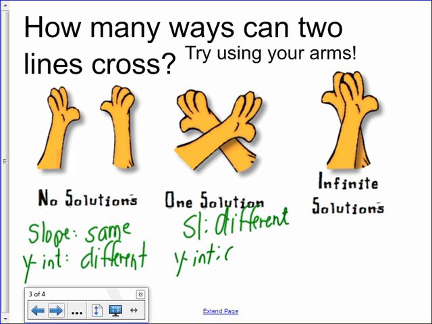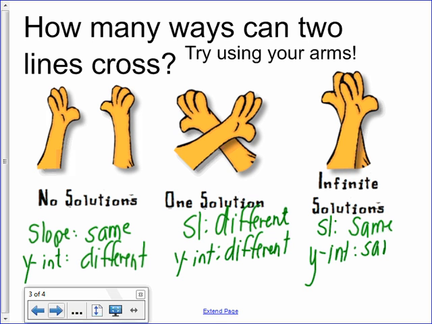It will also be different. And when we have an infinite number of solutions, what's true about the slope? It will be the same. What's true about the y-intercept? It will also be the same. Okay, so there are some shortcut ways to remember whether or not we will have no solution, one solution, or an infinite number of solutions.